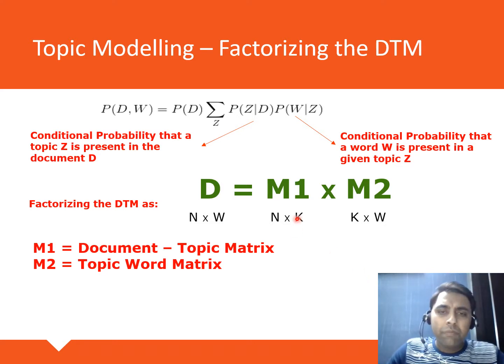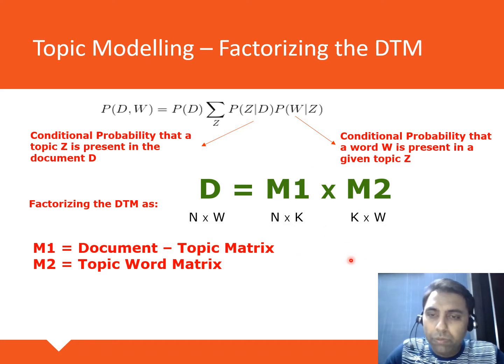Then M1 is called the document topic matrix, because if you see the dimension of M1, there are as many rows as the number of documents, and as many columns as the number of topics that you are interested in for the given data. So M1 can be conveniently termed the document topic matrix.